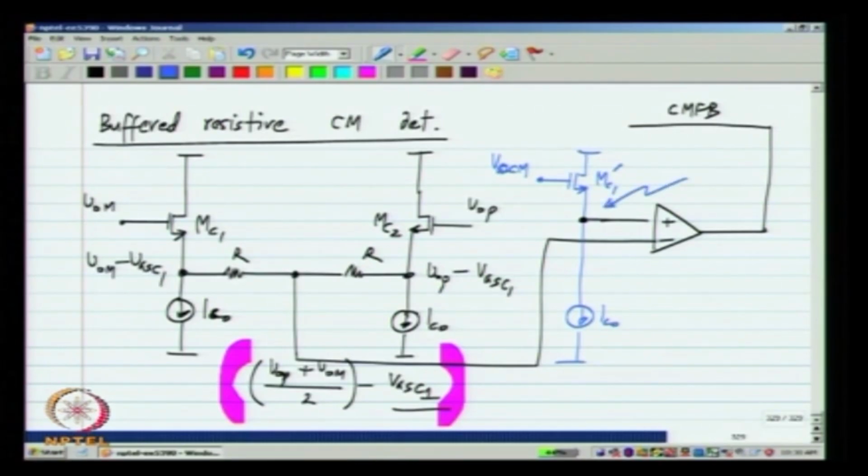Now, here what we will get is VOCM minus VGS C1 prime. Now, this stage is a replica of these two source follower stages. So, VGS C1 prime will be equal to VGS C1. So, finally, when these two voltages become equal, it implies that (VOP plus VOM)/2 equals VOCM.